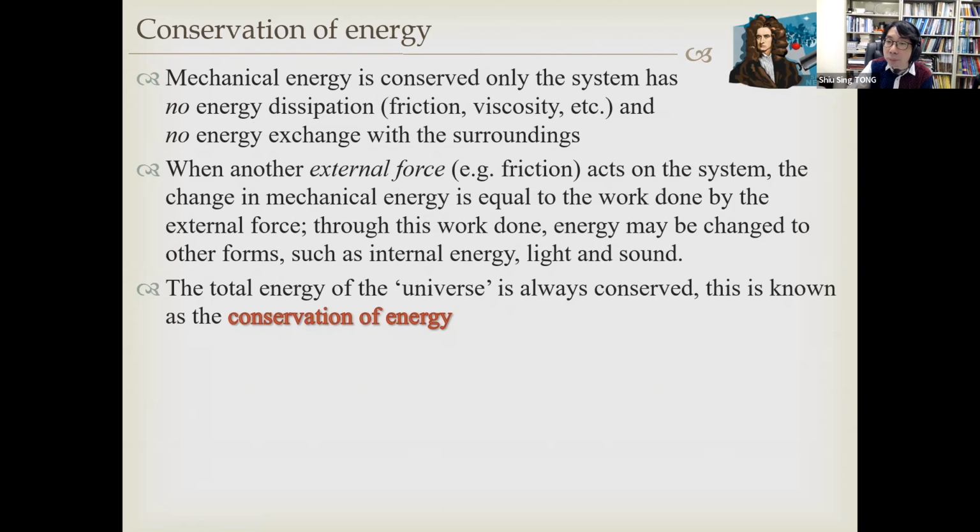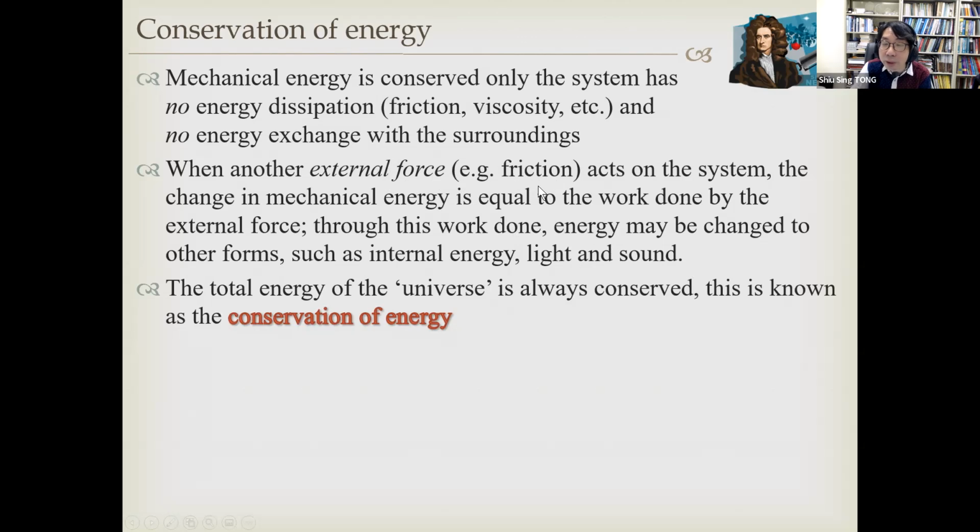Some of the energy will be changed from mechanical energy to other forms. And those other forms may include the internal energy, which is heat. And in some extreme situations of collision, it may become light and sound. So whenever there's an external force acting on the system, there's an energy change.